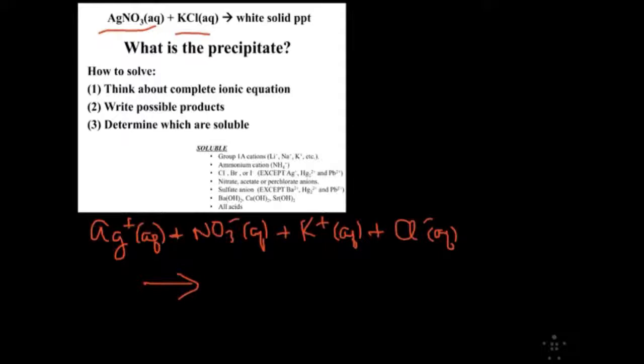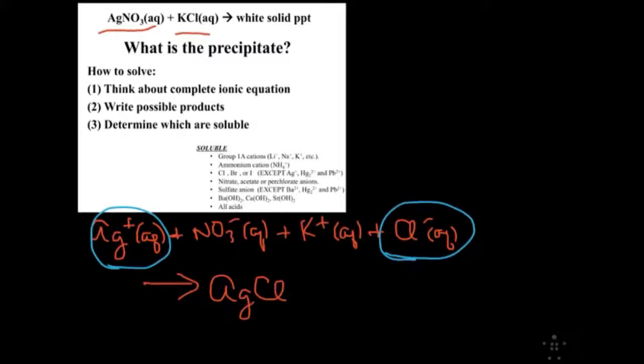So if I combine the ions in a slightly different way, the silver, instead of being with the nitrate, if I put it with the chloride, I get AgCl. And if I take the nitrate that's left and put it with the potassium, I get KNO3.